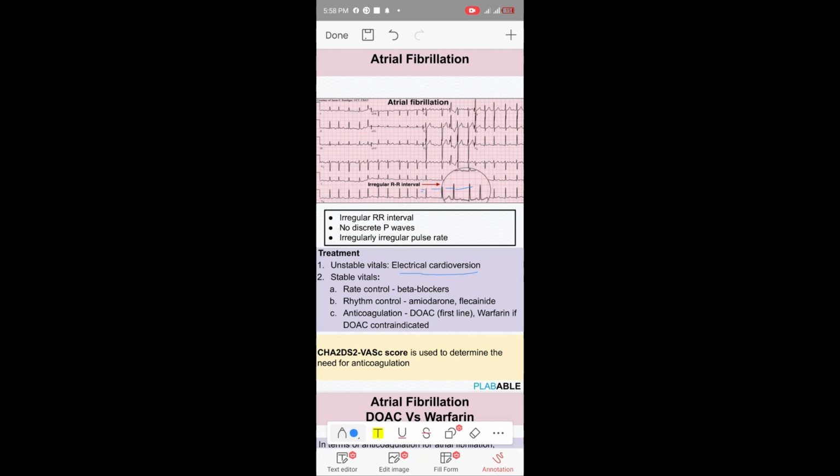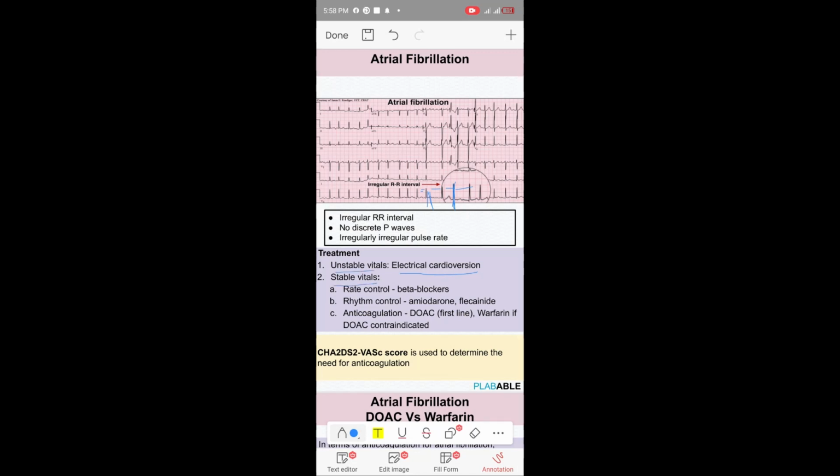By synchronized, I mean your device delivers the shock at the QRS. Otherwise, if you don't press the synchronized button, it can deliver a shock just after the QRS, in the relative refractory period, and a VT may start, which can go into VFib. That's why, where the R is, you need to go for synchronized cardioversion. And this is for the unstable patient.